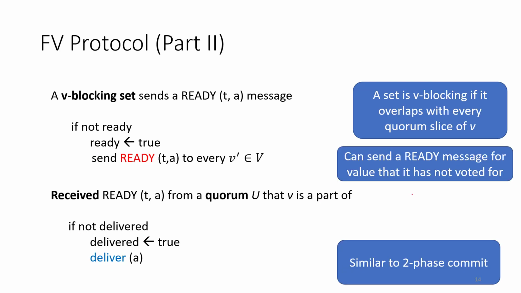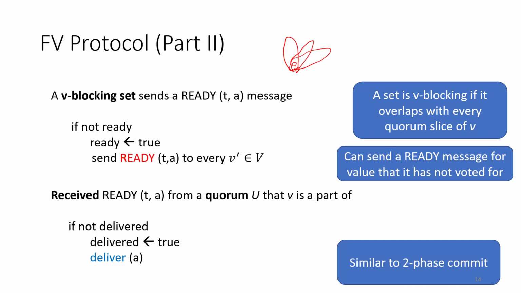Here is also a fun part: the ready message is also sent if a V blocking set does so. So I'll describe what a V blocking set is. Let us say this is vertex V and these are its quorum slices.